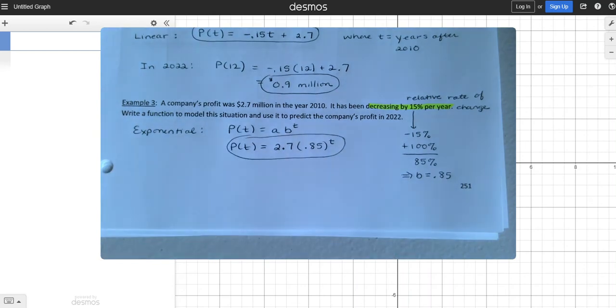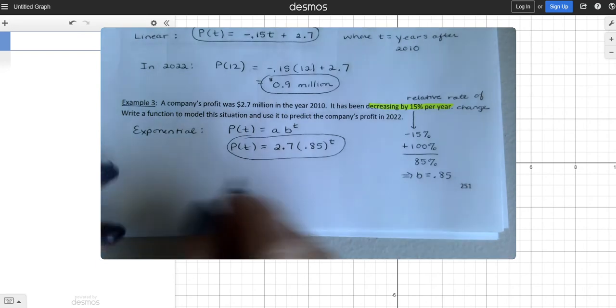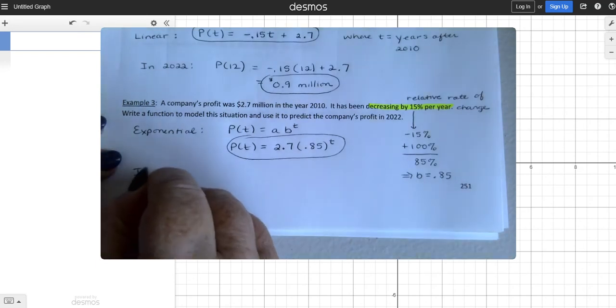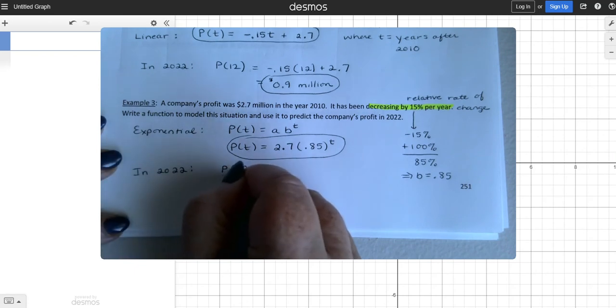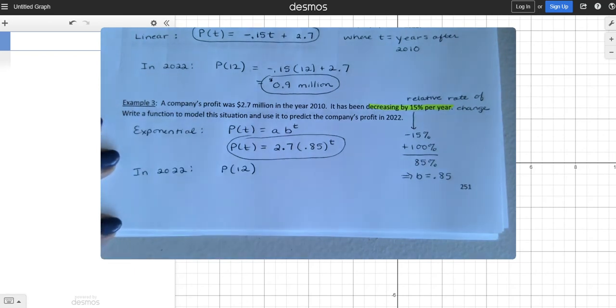So unlike absolute rates of change, which basically you can just pick out of the problem, relative rates of change, you always have to think a little bit about them, do a little bit of math to actually give you the value of the b in your equation. All right, and now our prediction for 2022. Again, that's 12 years after the starting year of 2010, so I want P of 12.